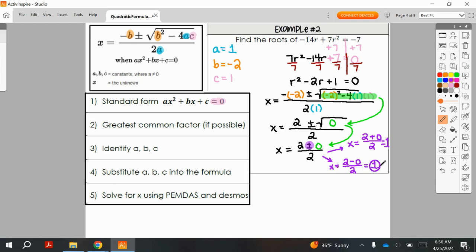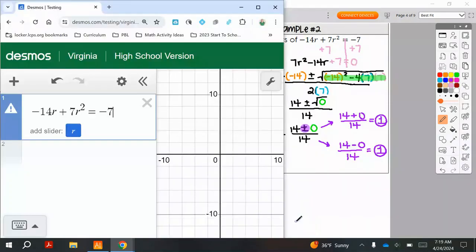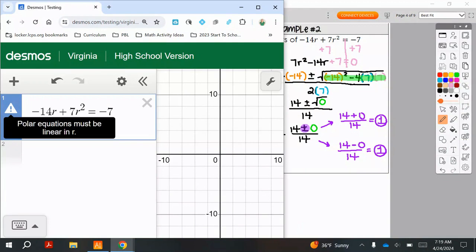So actually, that is going to be only one answer for this problem, and the answer will be 1. You don't need to write it twice. I'm just showing you that it comes out to 1 both times. So again, we go ahead and plug in the original problem into Desmos. As I see, I have an error message saying that I need to have it in a different format.